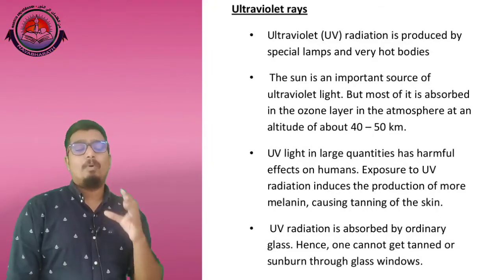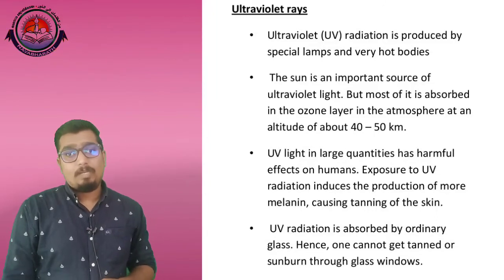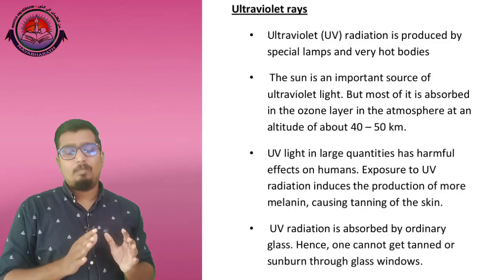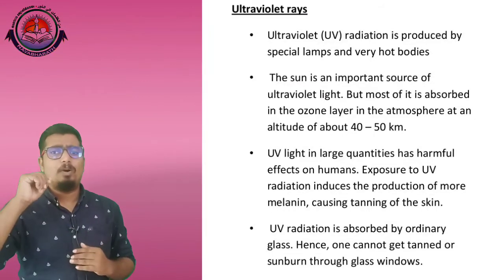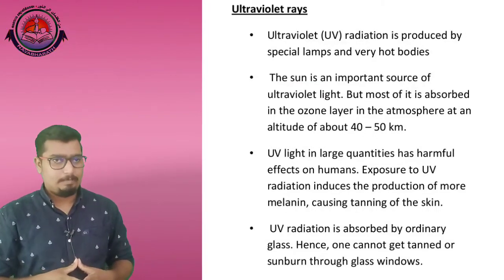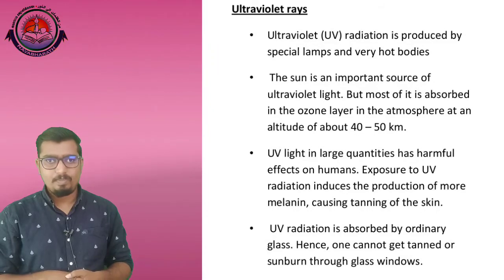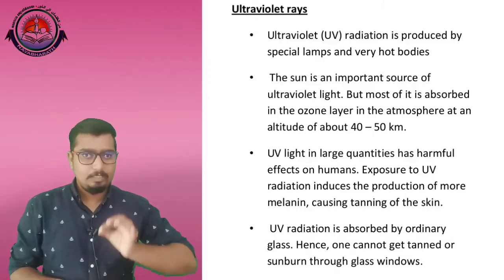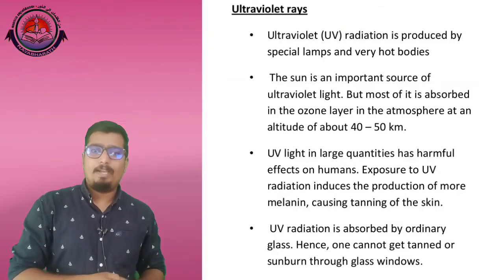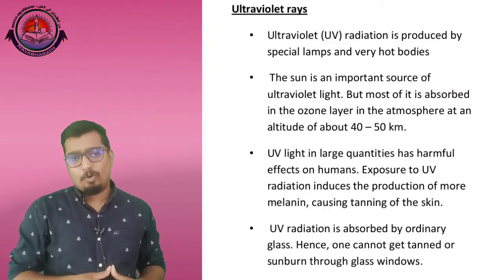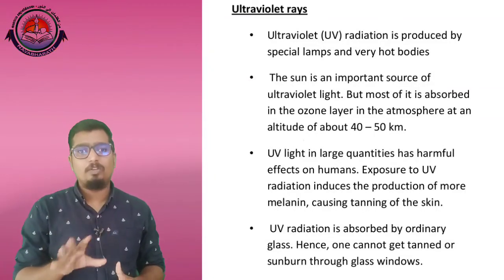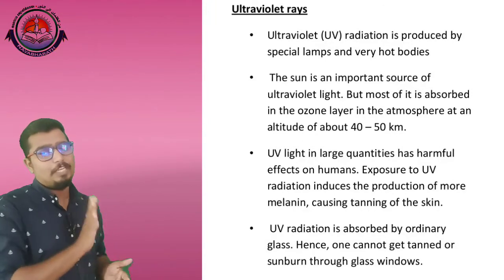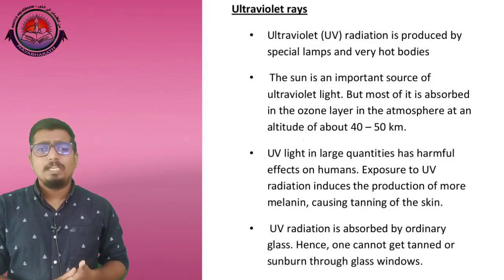The sun is an important source of ultraviolet light, but most of it is absorbed in the ozone layer in the atmosphere at an altitude of about 40 to 50 kilometer.